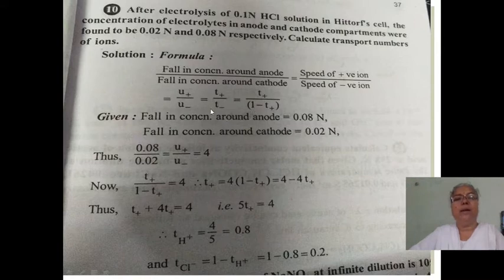Then we have the given concentration around cathode, 0.2 normal, not 2 normal, and around anode it is 0.8.